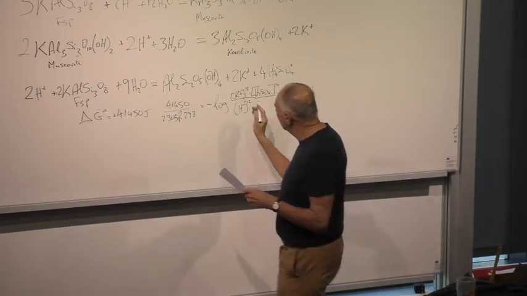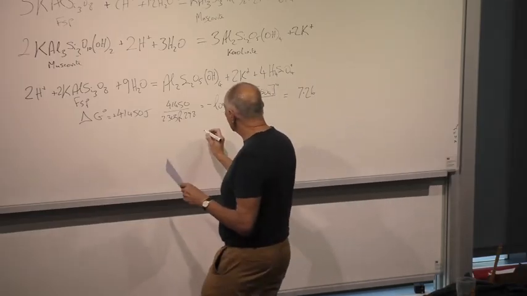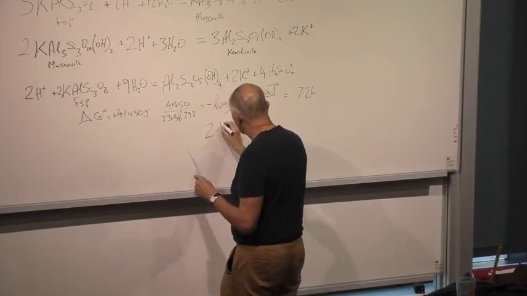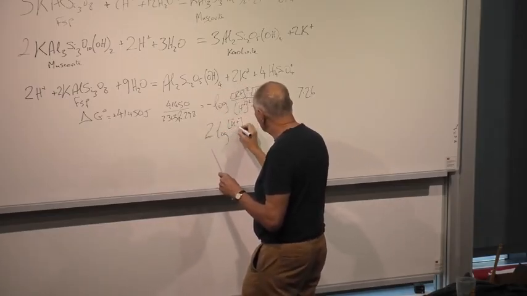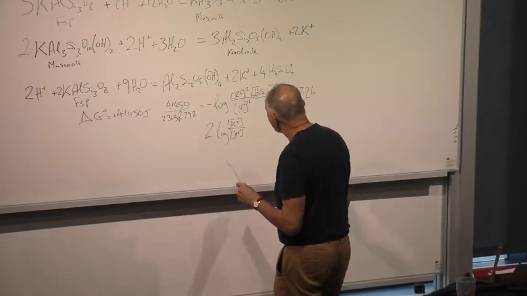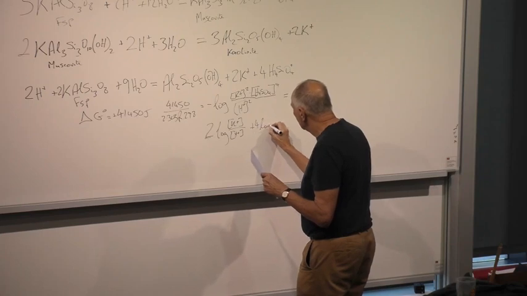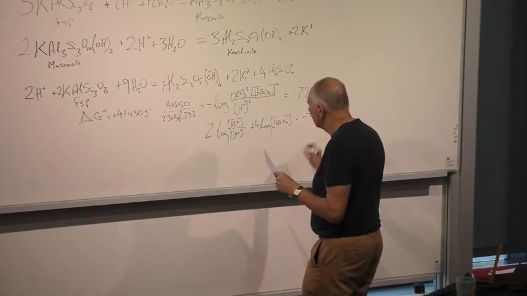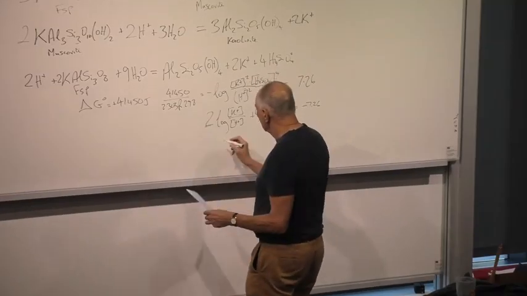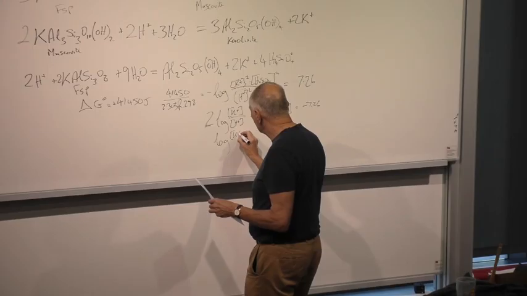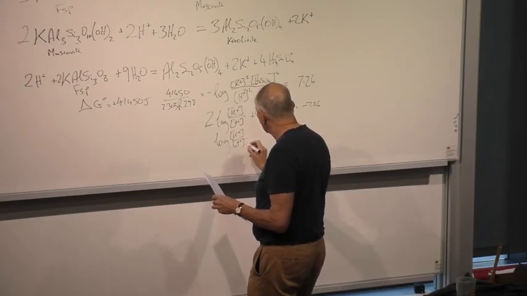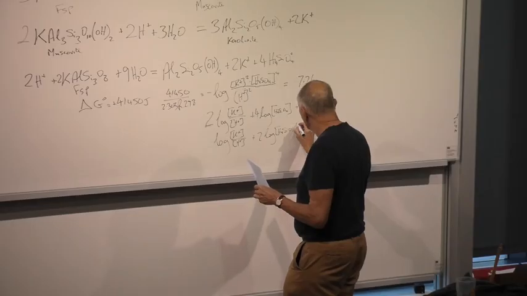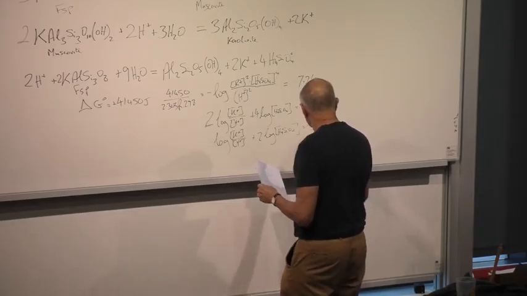If we take out the 2 outside and separate the silica from the K plus and the H plus, and change signs, we get 2 log K plus over H plus plus 4 log H4SiO4 equals minus 7.26, or log K plus over H plus plus 2 log H4SiO4 is minus 3.63. Okay, did that last time.